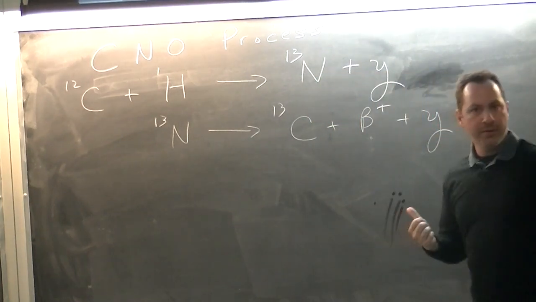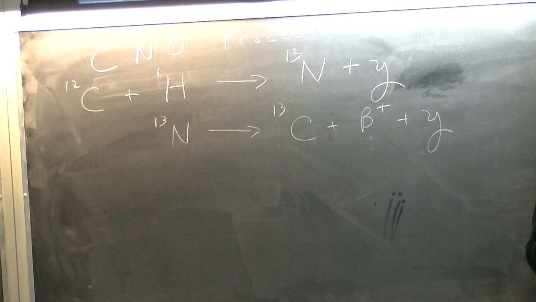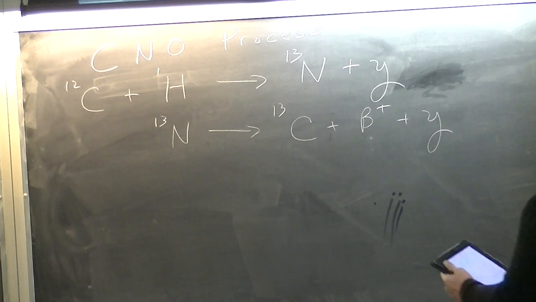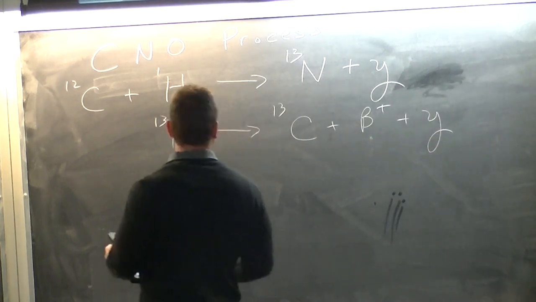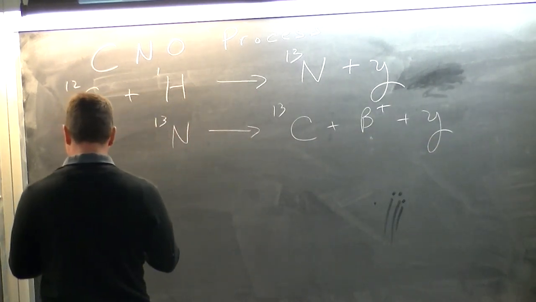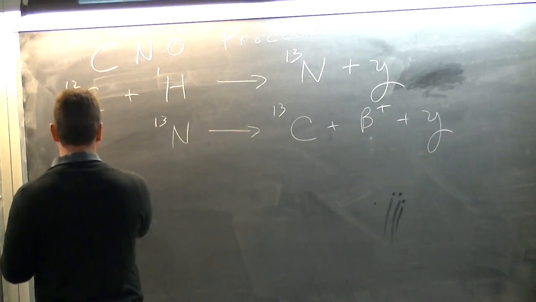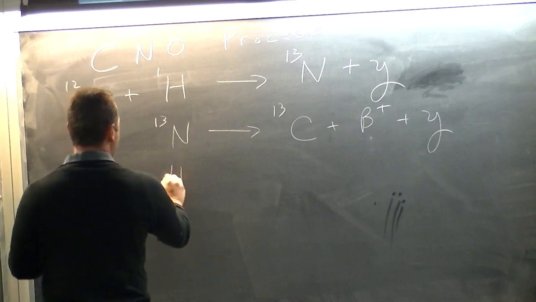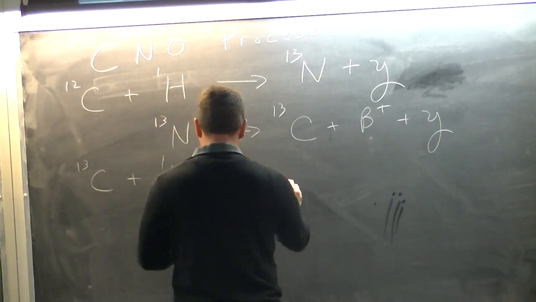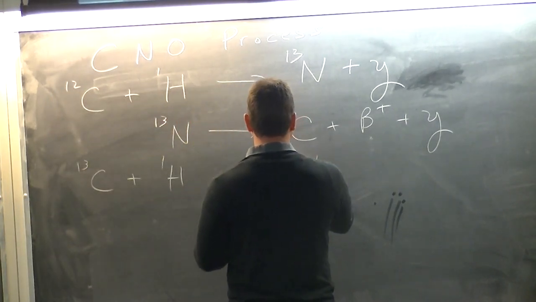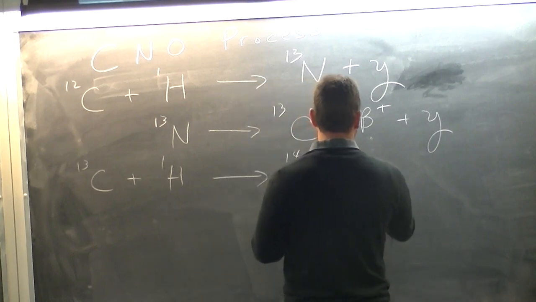Do you remember what I told you about beta particles? What are they? They're the same as a positron, right? Then, of course, that carbon-13 can combine with hydrogen or protium to produce nitrogen-14 plus a gamma ray.